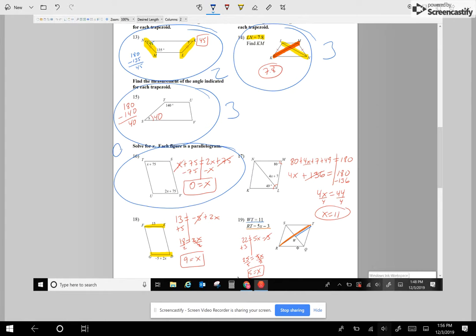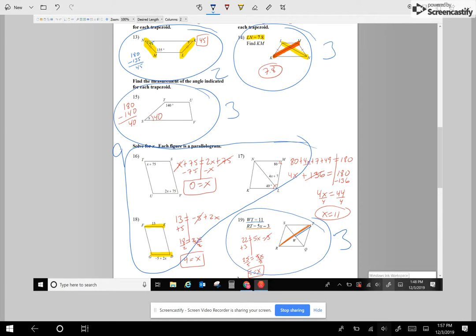We're going to have 9 of them. That's including 17 as well, and number 18 as well. So from 16, 17, and 18, we're going to have 9 of them. Now, from number 19, we're going to have 3 of these. So that's how we're going to have our 20 questions tomorrow.